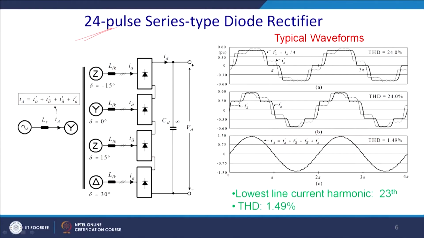Same way we can extend our discussion to the 24 pulse converter. The lowest harmonics will be: you can eliminate the 5th, 7th, 11th, 13th, 17th, 19th. Next will be 23 and 25.